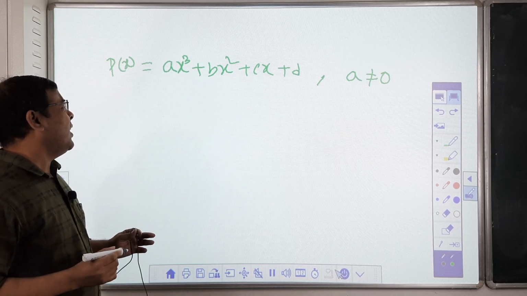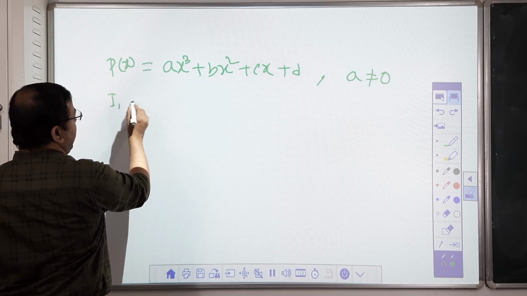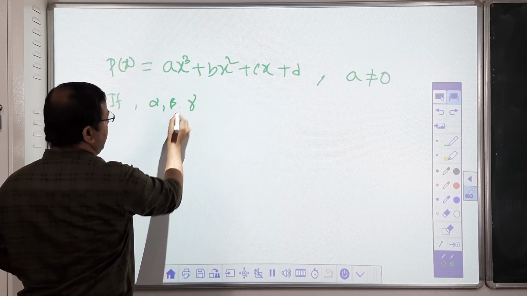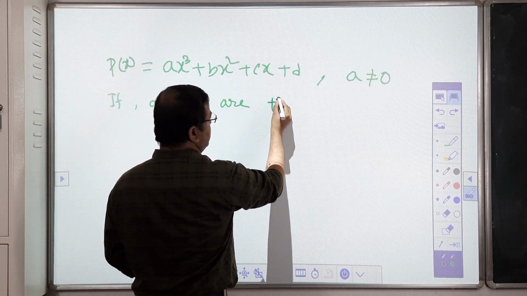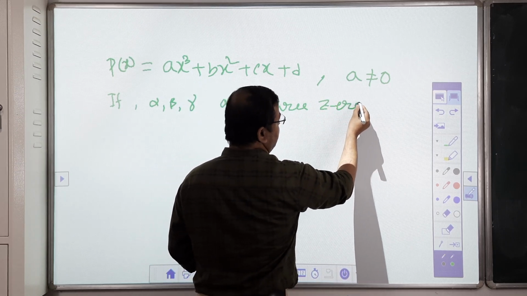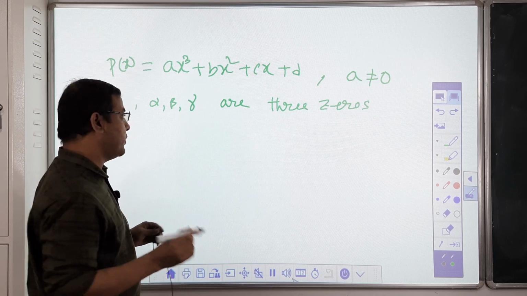So this is a cubic polynomial. If alpha, beta, gamma are three zeros, then find the relation between zeros and coefficients.